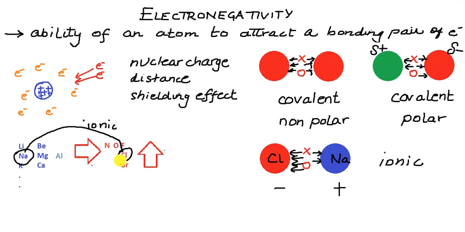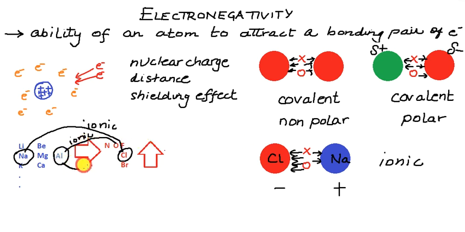Now, if I get to something like aluminum, things become quite interesting, because aluminum, if I pair it with oxygen, the bond is still ionic. There's a high enough electronegativity difference, so it's like this arrangement here.